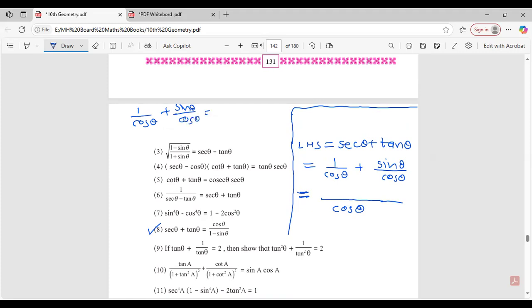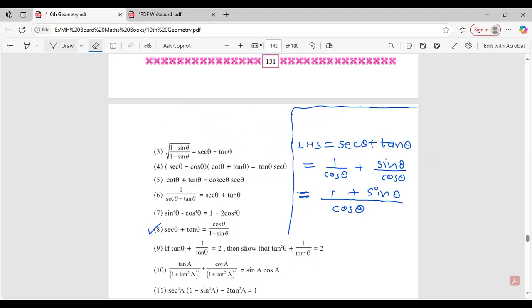It will be cos theta plus sin theta into cos theta divided by cos square theta. Now from the numerator, if you take cos theta common, 1 plus sin theta will remain, divided by cos square theta. The square will cancel with this cos theta and it will remain only 1 plus sin theta. Understood? That's why whenever the denominator is the same, there is no use of cross multiplication and then simplifying it further. That's why we directly write the same denominator as it was common. Got it? Yes.